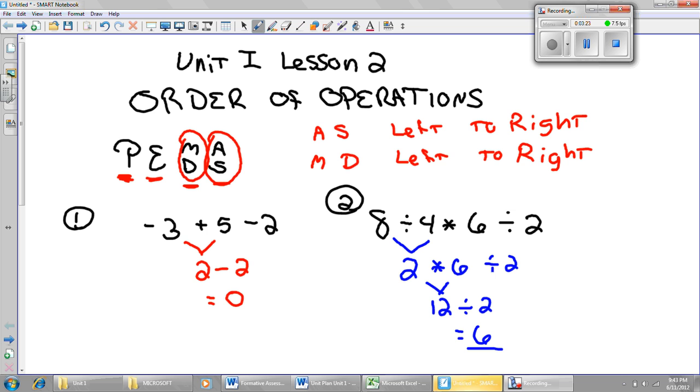Notice if I did the multiplication first, I'm going to get 24. 8 divided by 24 is 8 over 24, which equals 1/3. 1/3 divided by 2 becomes an ugly problem. It's the same as 1/3 times 1/2, and I end up with 1/6 as my answer. That is not correct. This is not the correct way to do it. It's all multiplication and division, so I go left to right.